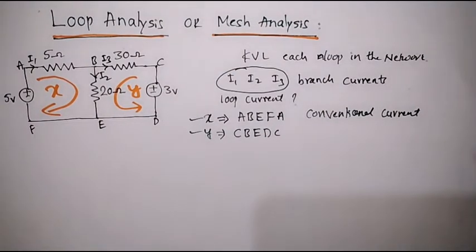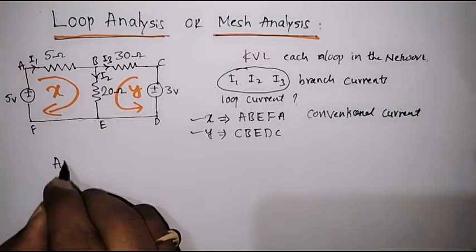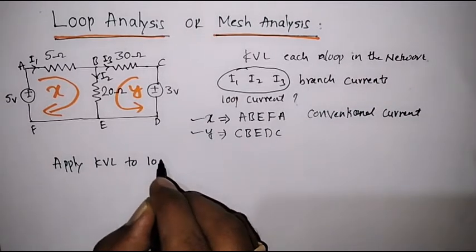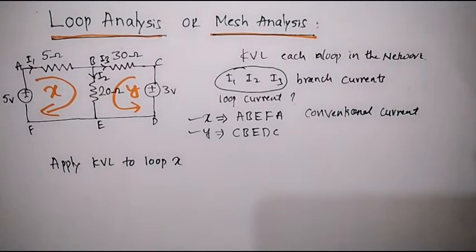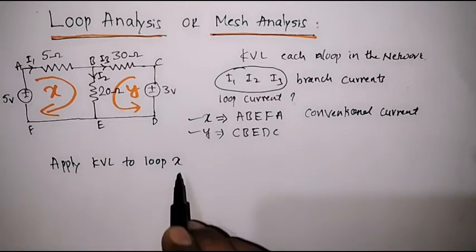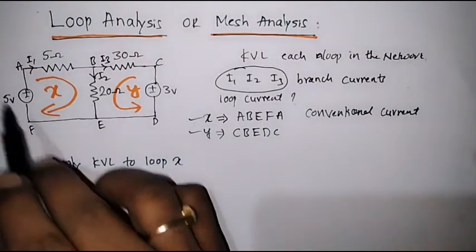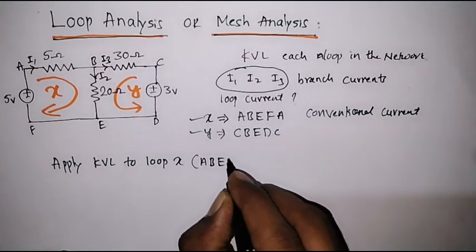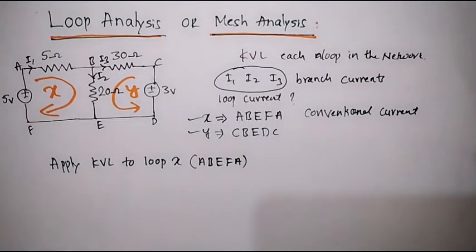Now let us apply KVL to each loop. Apply KVL to loop X. It is understood that loop X is nothing but the A, B, E, F, A loop.